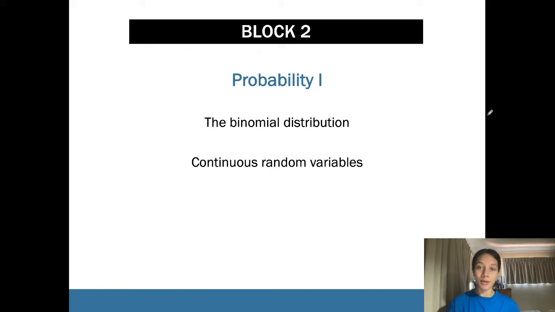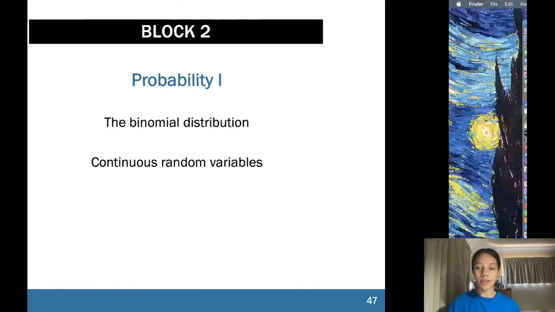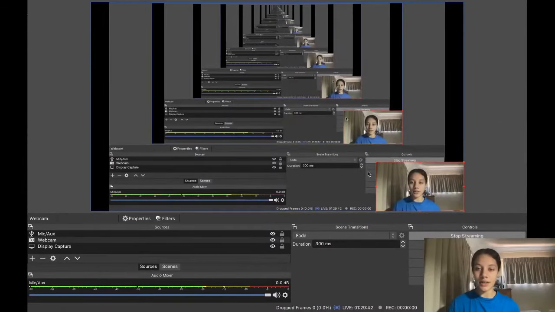Now for block 2, we're going to be having a look at probability, particularly the binomial distribution and continuous random variables. I'm just going to show you something real quick: an example of a summary sheet I made in year 12 to go through statistics, because something I really struggled with was figuring out which statistics I was using for a certain question.